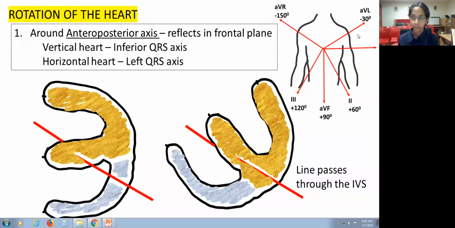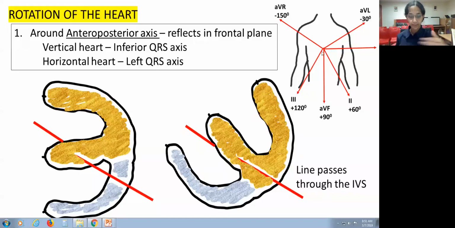Now this is the coronal plane, and imagine the heart which is in this position. You have your line which is passing through the interventricular septum around the anteroposterior axis. So imagine a line which is crossing from the anterior to the posterior aspect of the thoracic cavity.